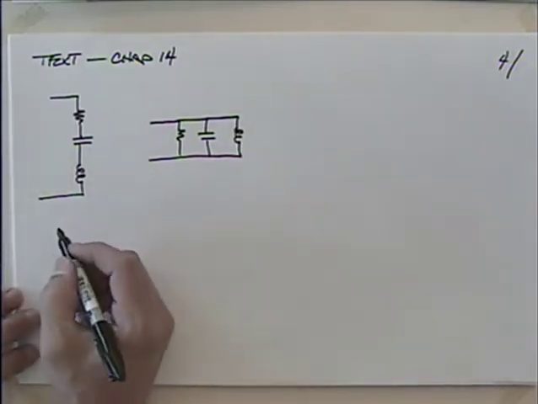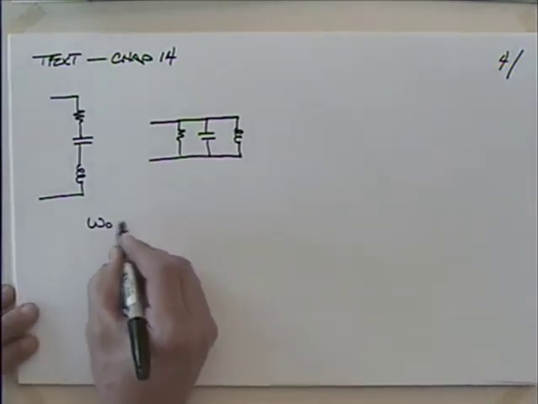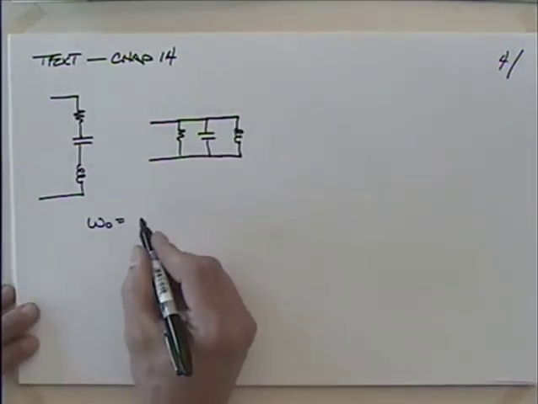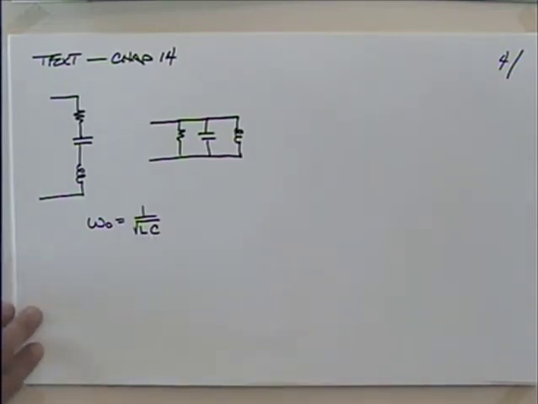Okay, and we said that for either one of these, the resonant frequency omega naught would be equal to 1 divided by the square root of LC. Remember that when we did that?